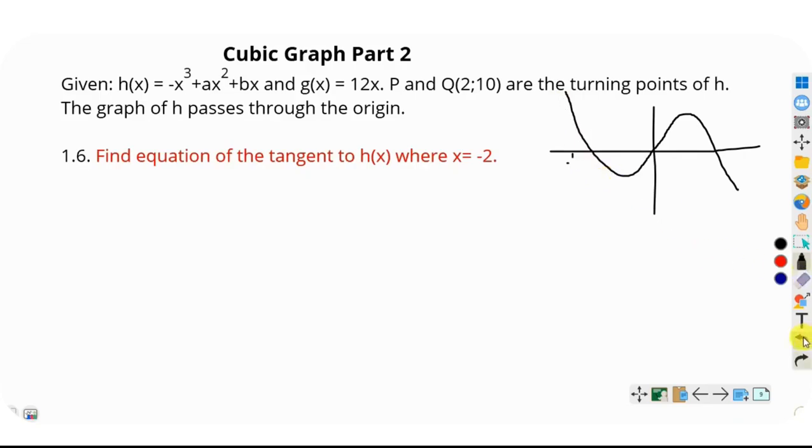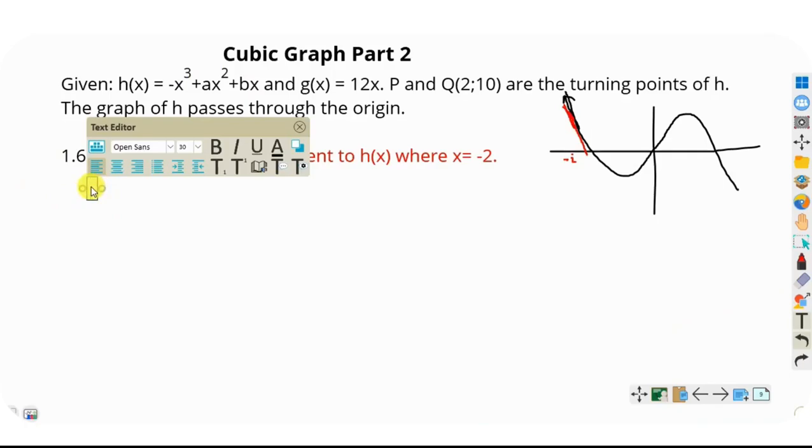A tangent is a line touching the graph once. So let's say that point is somewhere here. We find the y coordinate on the graph for that x, and then we differentiate the equation to get the gradient. So let us do that.